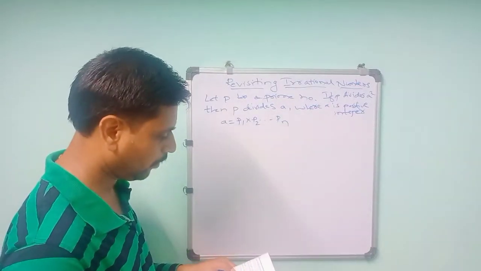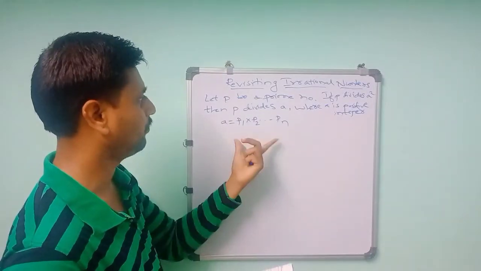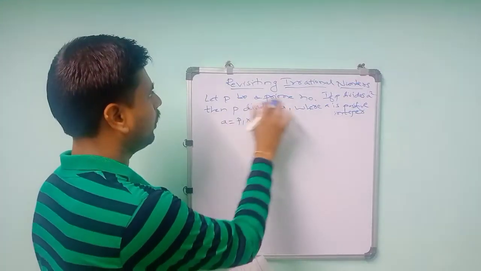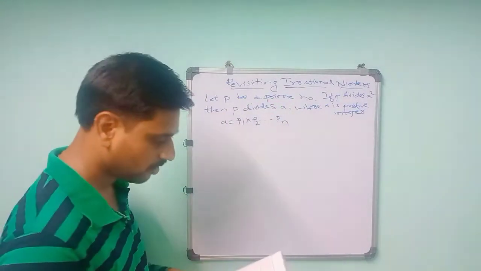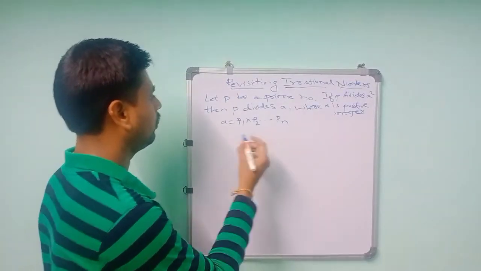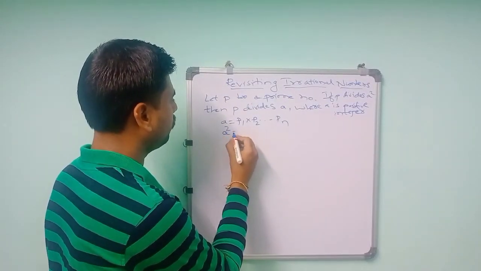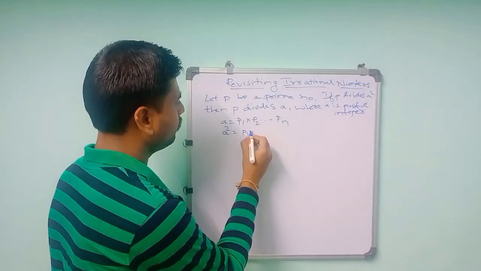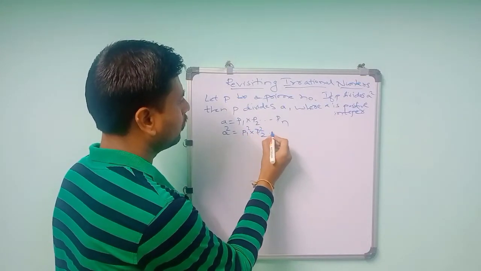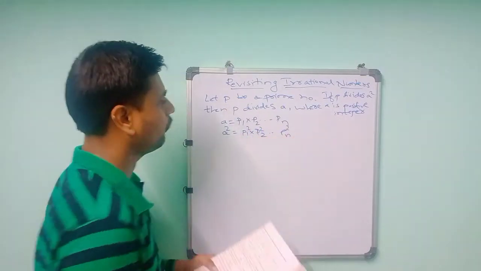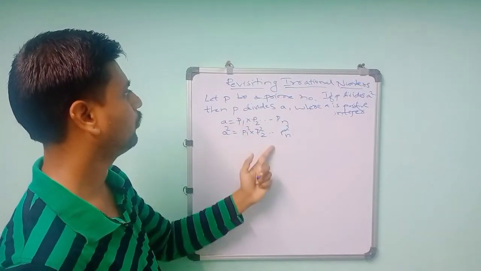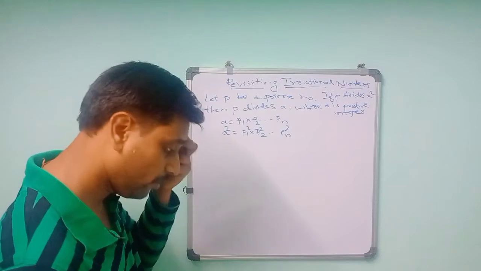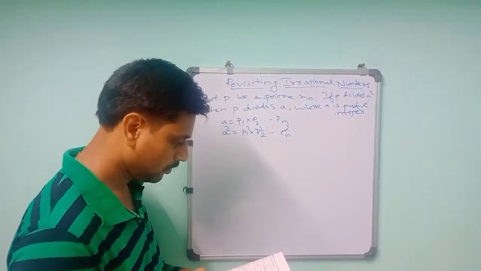These are prime numbers. If you square both sides, a squared is equal to p1 squared, p2 squared, up to pn squared.